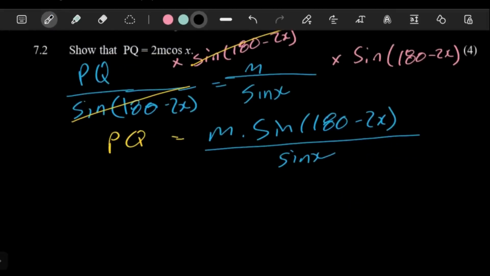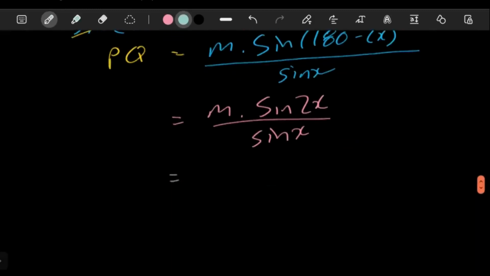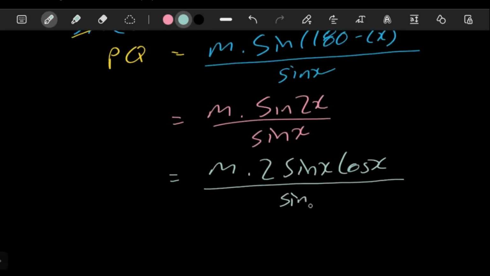With the way this is set up, you obviously have to be a bit creative, but not too much, because we're practically done. Sine of 180 minus 2x is a positive sine 2x. But where's the cos going to come from? Oh no, sine 2x. This makes better sense because the top part is a double angle: 2 sine x cos x, and at the bottom is sine x.